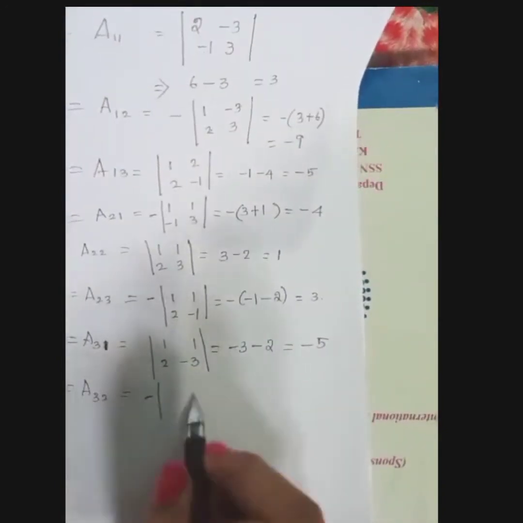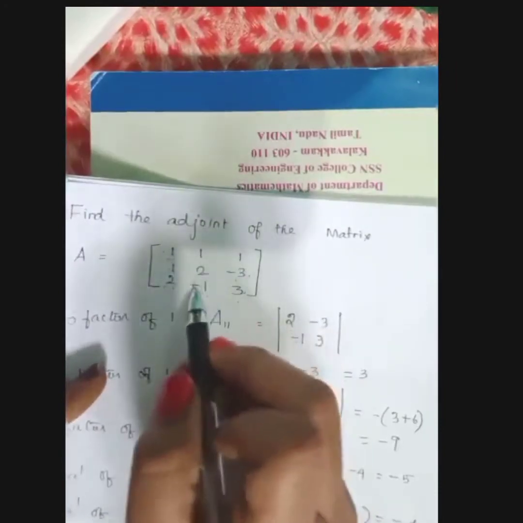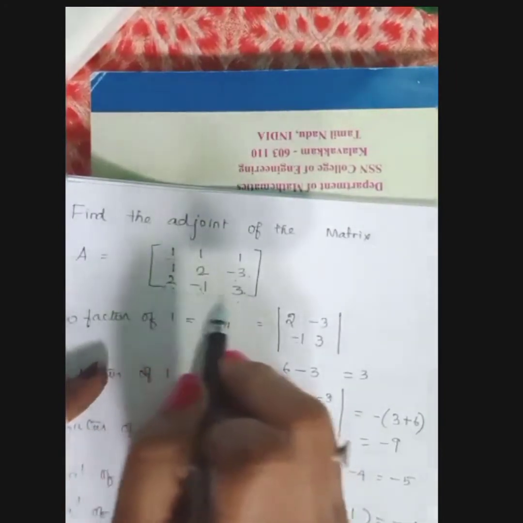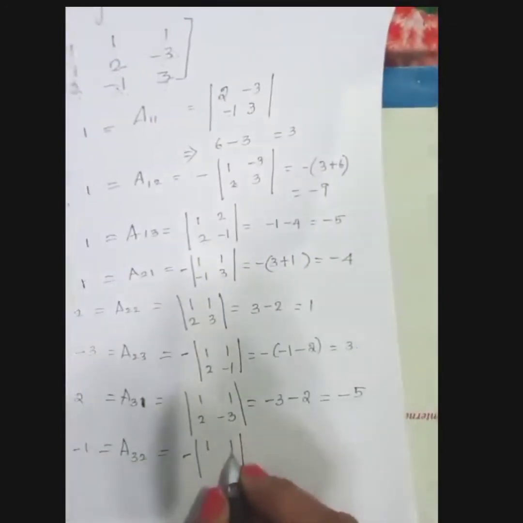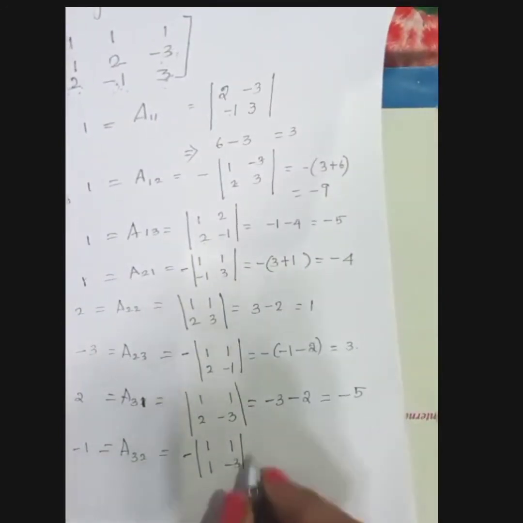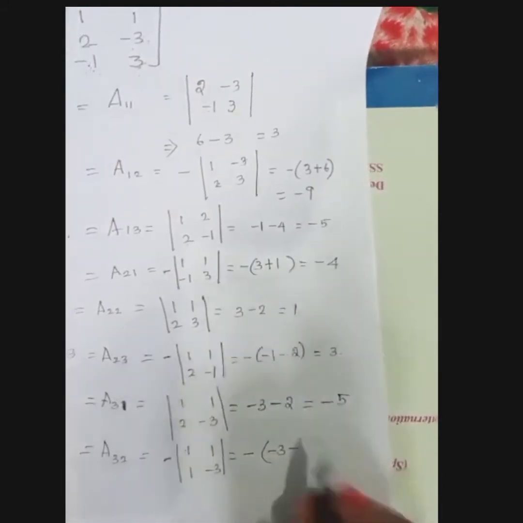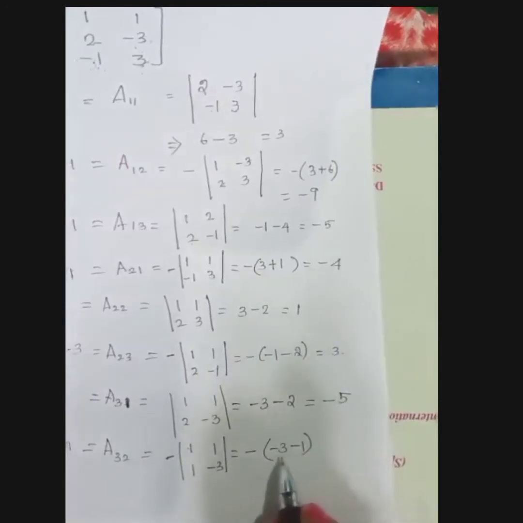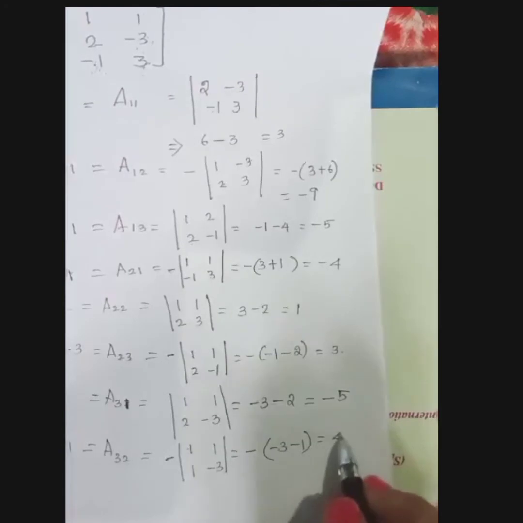So that is, the cofactor of minus 1 is minus of the determinant of, leaving this column and this row, you have 1, 1, 1, minus 3. Minus outside. The product of these two is minus 3, minus the product of these two is 1. When you add, you get minus 4. Minus 4 into minus 1, which is 4.